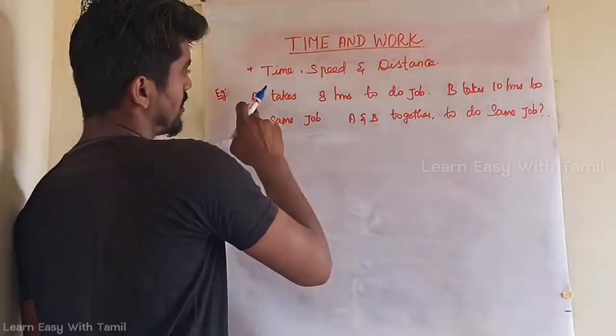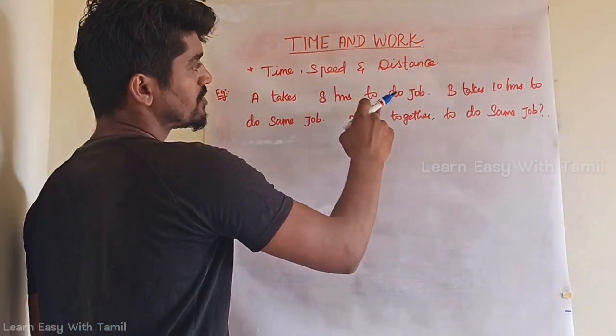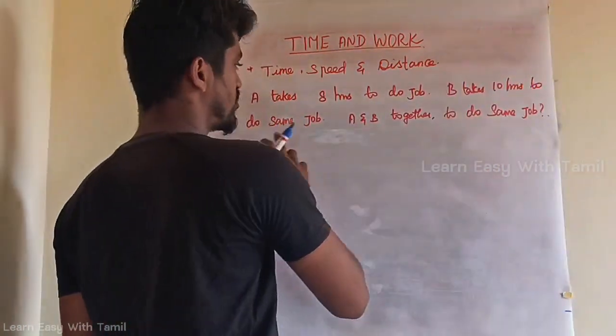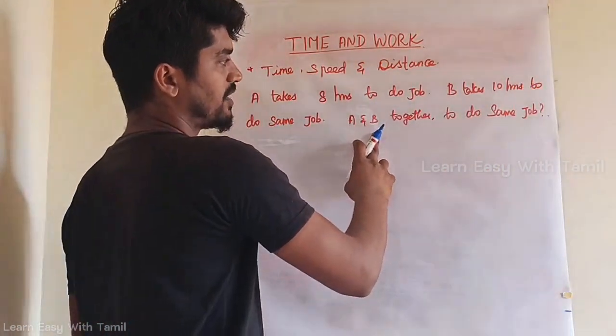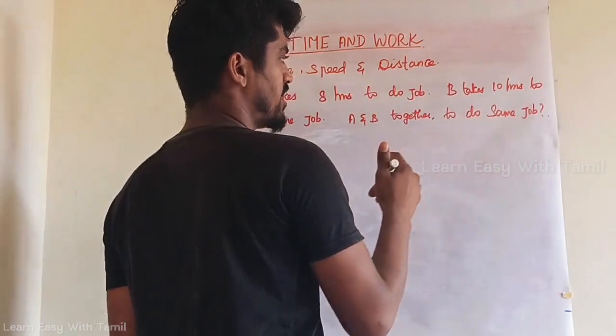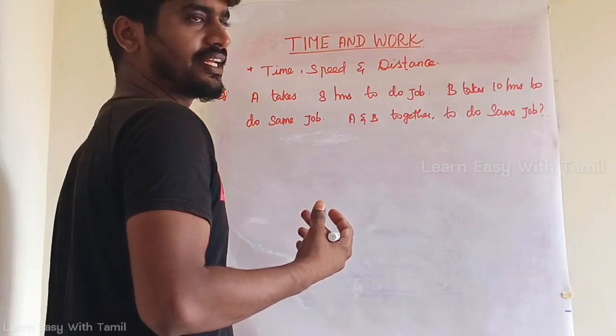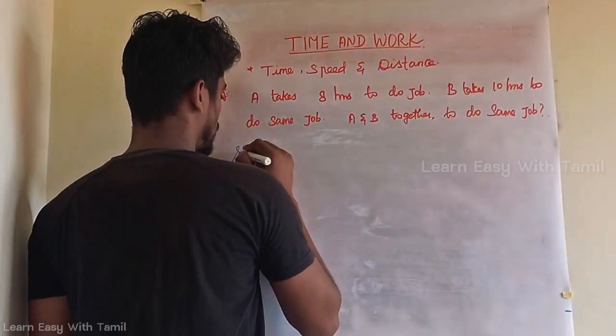The given sum is: A takes 8 hours to do a job and B takes 10 hours to do the same job. A and B work together to do the job. How much time does it take to complete the job?